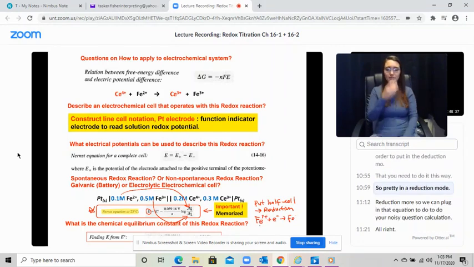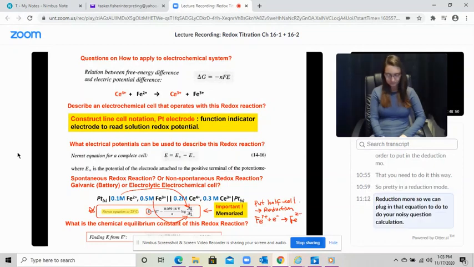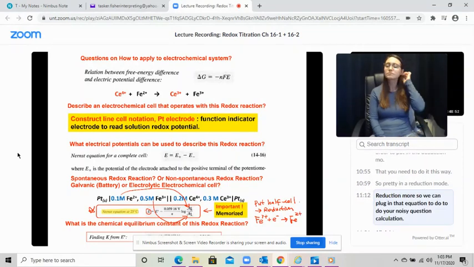Put it in reduction mode so you can plug into that equation to do your Nernst equation calculation. All right.